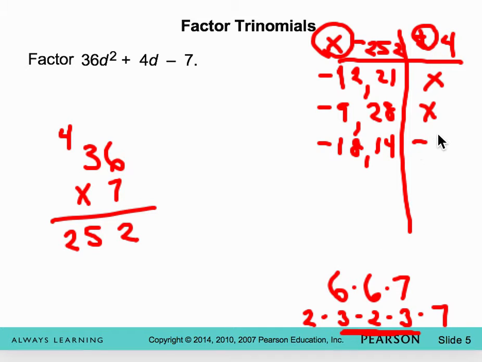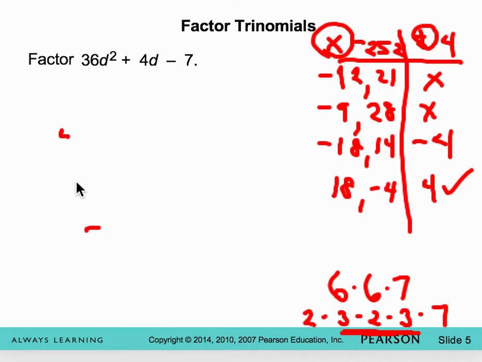Now the way I've got it written leaves negative 4, but if I change the signs, I have found my numbers. So just get used to playing with those factors, right? Playing with those factors.